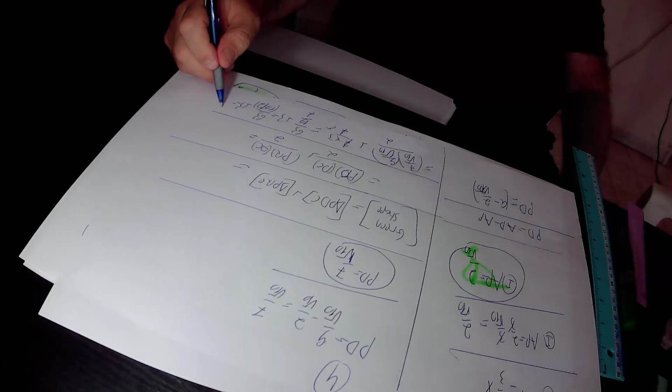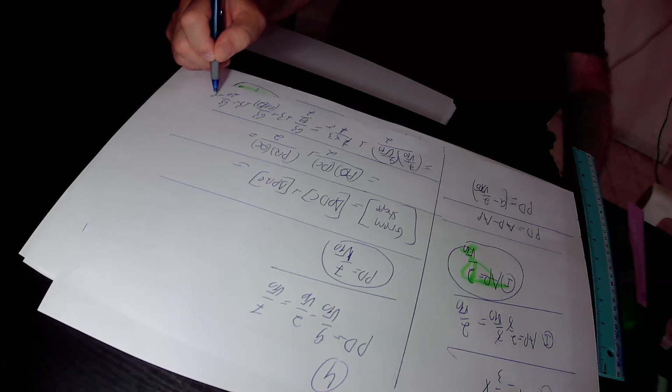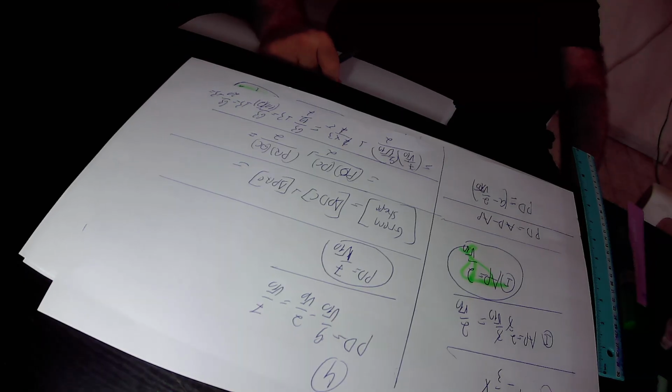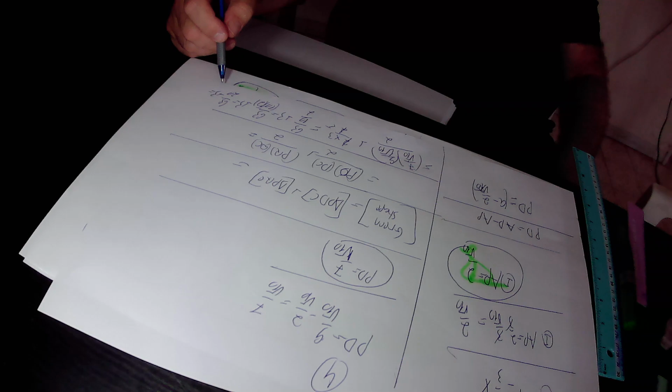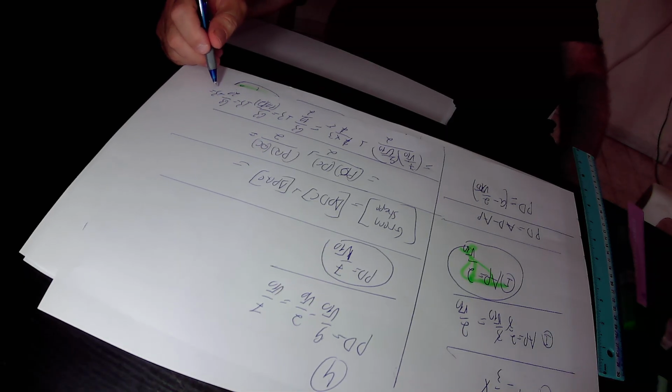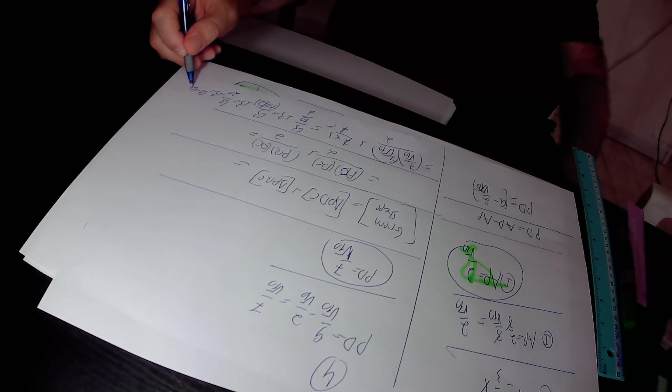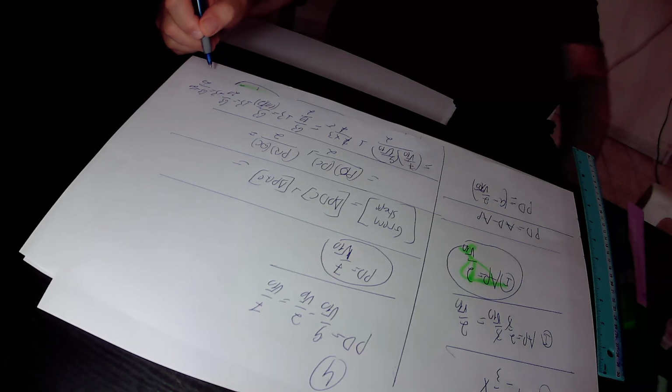So we have 63 over 10 times 2 is 20, plus 3. Here we multiply 3 by 20 and then divide by 20 in order to get a common denominator. In total in the numerator we have 63 plus 3 times 20 is 60, divided by 20.